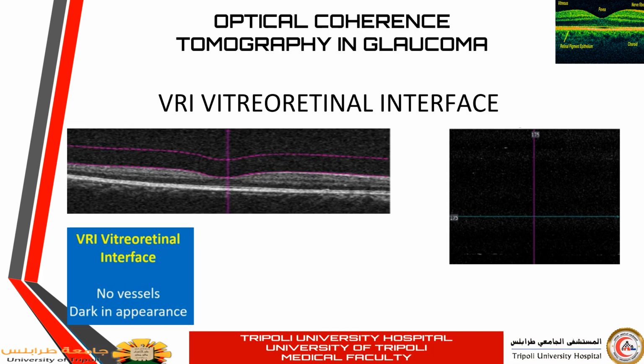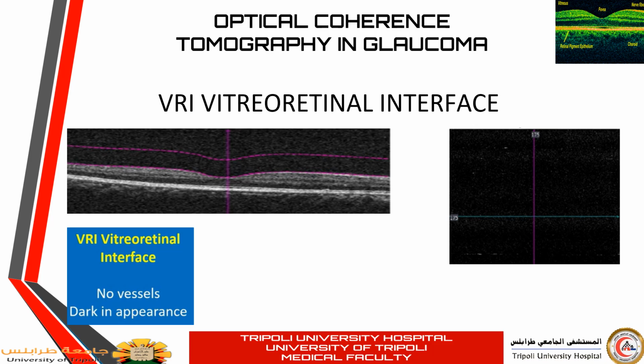So when you take the OCTA picture, the first picture that comes to you is named VRI, the vitreoretinal interface, which takes the picture of the 300 microns above the internal limiting membrane. As you can see, it appears dark because normally there is no flow or any blood vessels in this area.